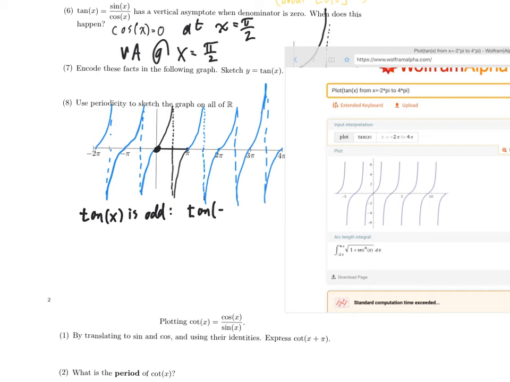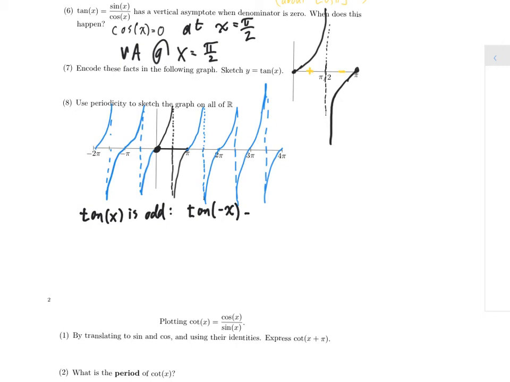To check for oddness, you evaluate tangent of negative x. That's the same thing as the sine of negative x divided by cosine of negative x. Sine of negative x is negative the sine of x. Cosine of negative x is cosine of x. Yeah, that gives me negative tangent of x.